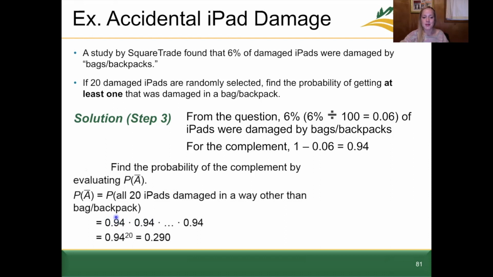What we would end up doing algebraically is that we have 0.94 times 0.94 times 0.94. That's really the same thing as 0.94 raised to the 20th.